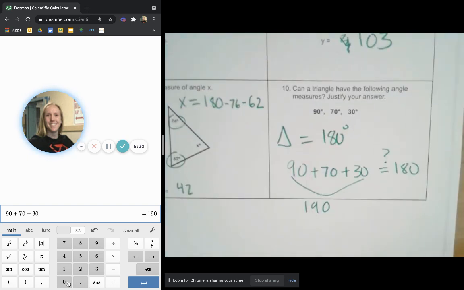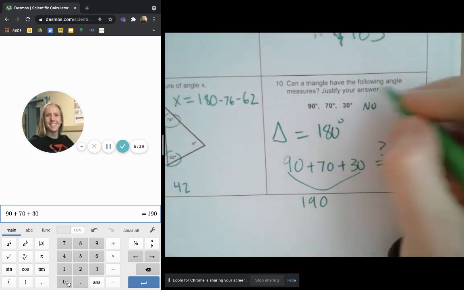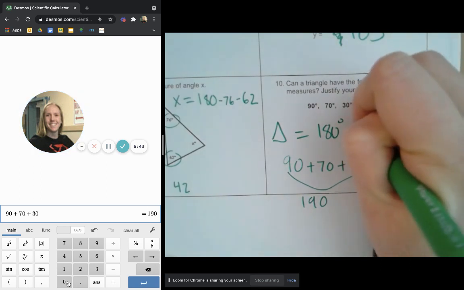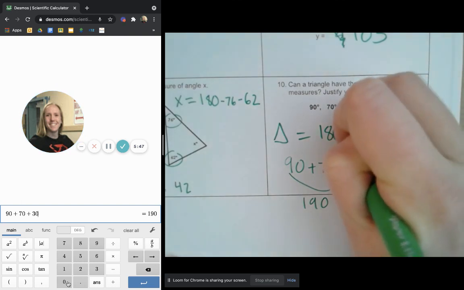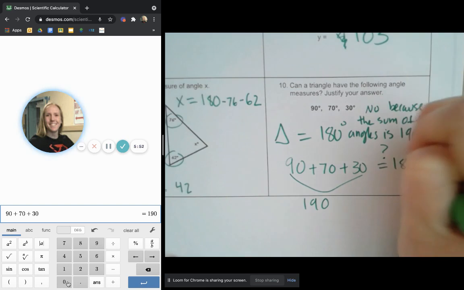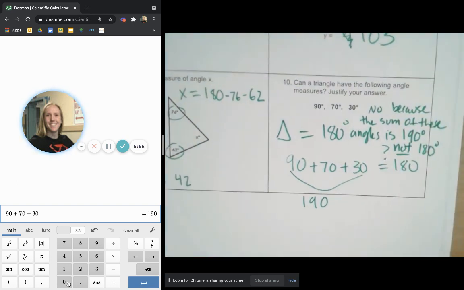That is not 180 degrees. So to justify your answer, you could say, no, this cannot be a triangle because the sum of these angles is 190 degrees, not 180 degrees, which it would have to be.